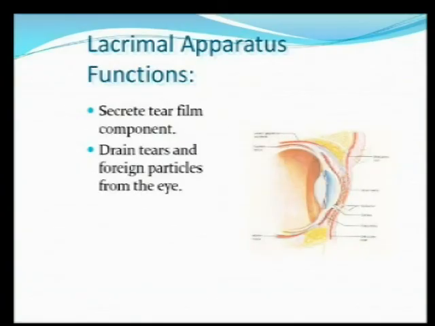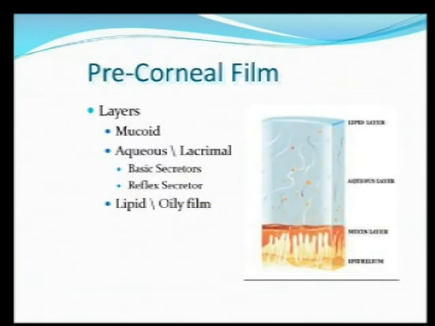Okay, so now let's take a look at collectively what it does. Again, the watery part of your tears is coming out, and it's draining the junk out of your eye. So at this point, we have talked about the components of your precorneal film or tear film. We know the mucus comes from the goblet cells in the conjunctiva.